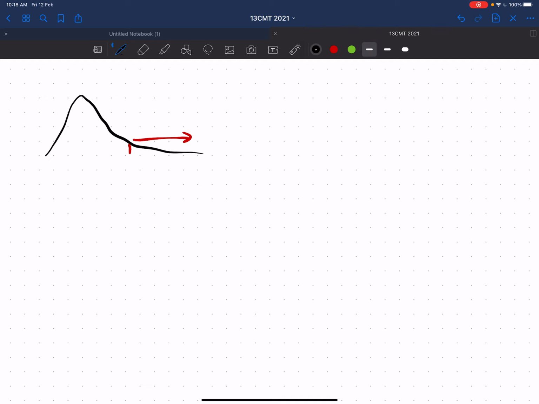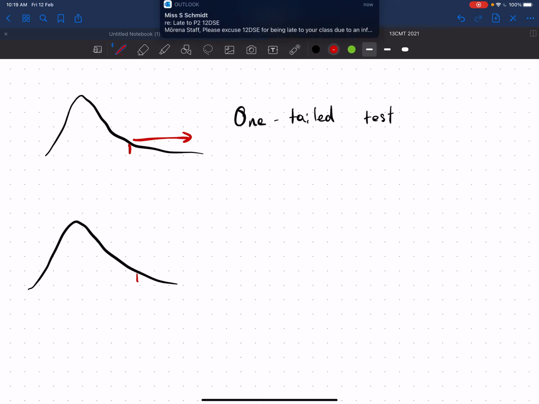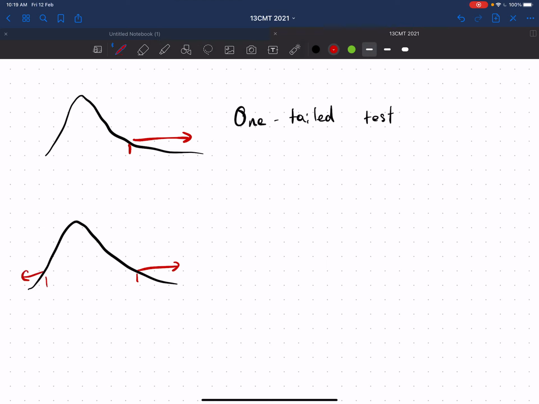So with a one-tailed test, you're only looking at one side of a distribution, whether it be the left side or the right side. But on a two-tailed test, you need to consider either side of the distribution. So what we're going to be looking at today is how that would work.